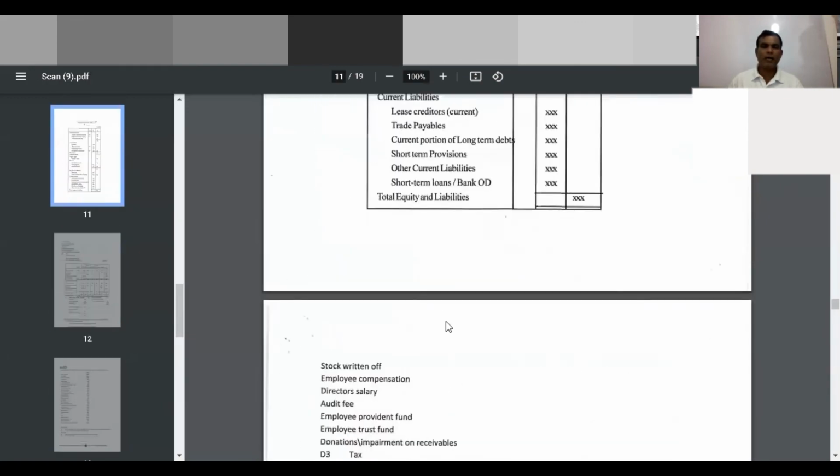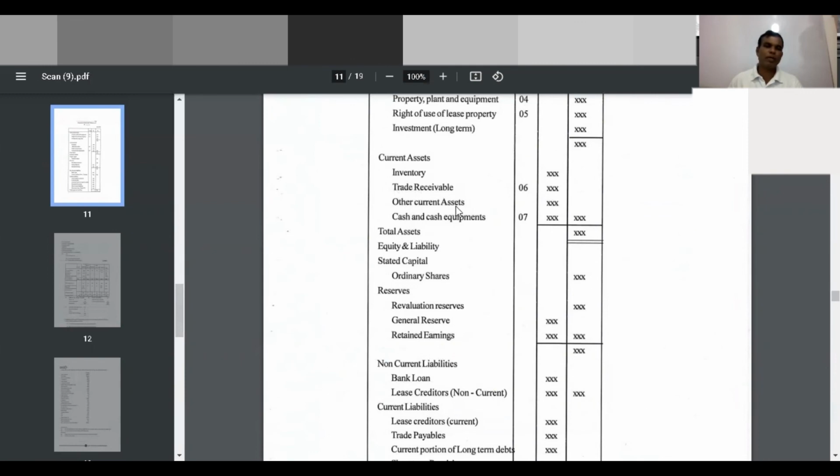And then inventory, trade receivable, other current assets, cash and cash equivalents. Then you see equity and liabilities: stated capital, ordinary shares, and three reserves. The final values from the equity change statement should be taken here: ordinary shares, revaluation reserve, general reserve, retained earnings.